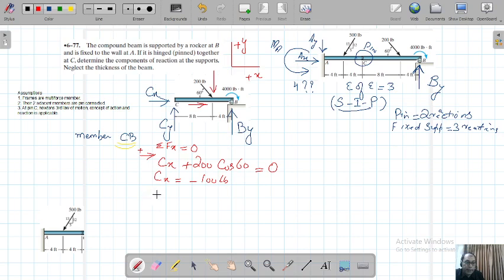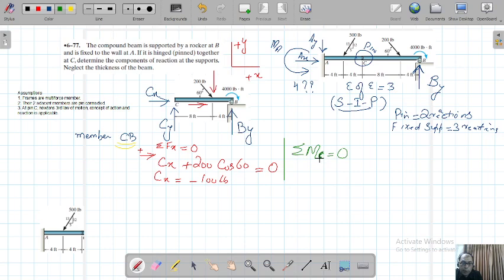So if we take moments at C, summation of moments at C is equal to 0.